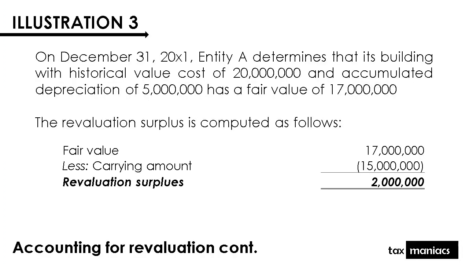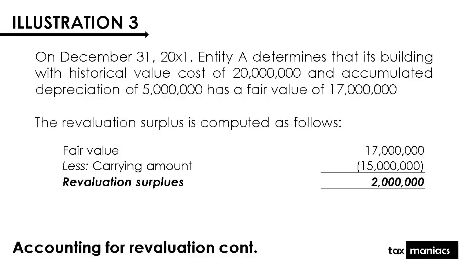By using the formula in getting the revaluation surplus, we have an example shown in the illustration. On December 31, let's say 2001, Entity A determines that its building with historical cost of 20 million pesos and accumulated depreciation of 5 million pesos has a fair value of 17 million pesos.